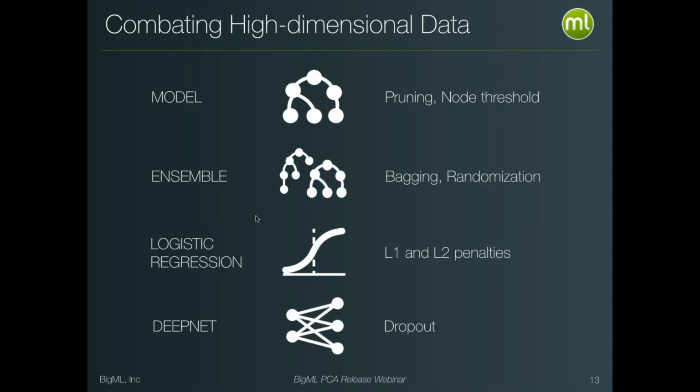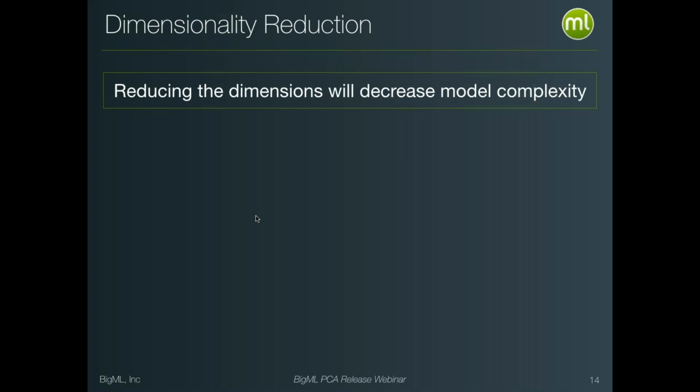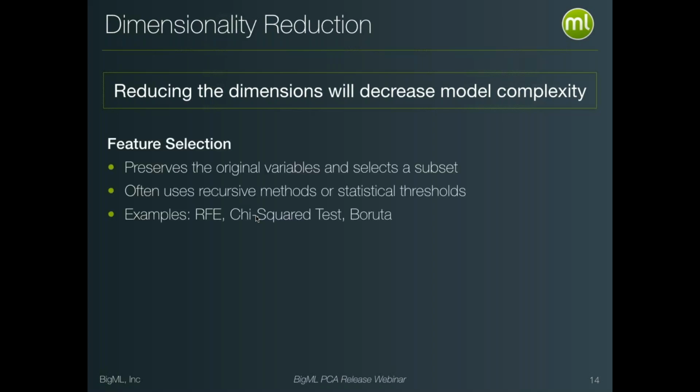But we can also deal with high-dimensional data more directly at the data level. Reducing the number of dimensions in our data directly will also implicitly decrease our model complexity overall. One way to do this is through feature selection methods. What feature selection methods do is preserve the original variables in your data set. You're selecting a subset of the total variables and eliminating the others.